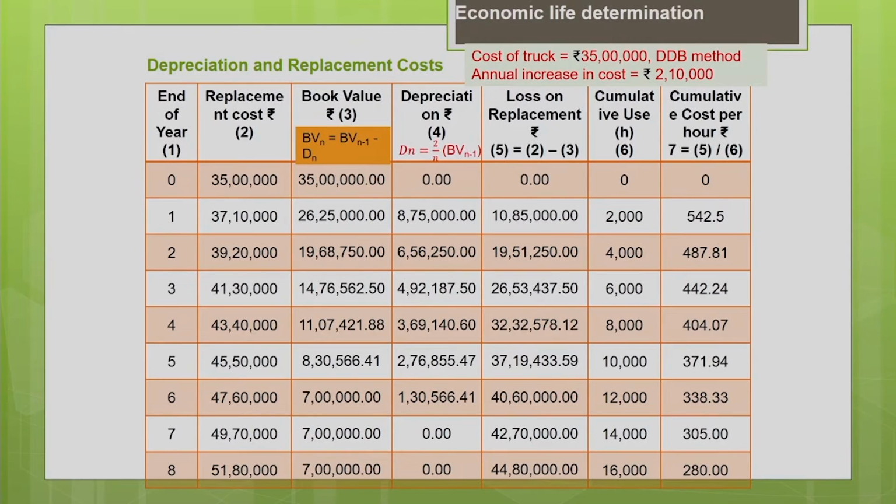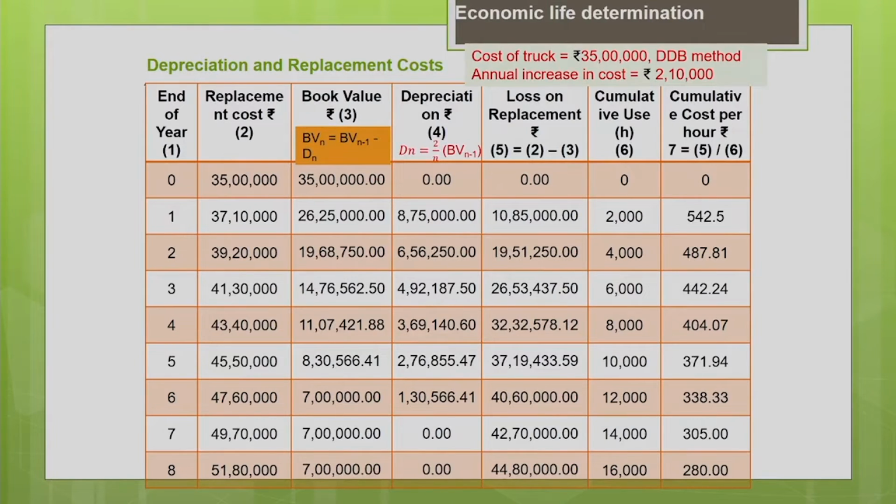Okay, so now let us work out the cost associated with the machine from the replacement analysis perspective. As I told you, we are supposed to consider all the components of the cost associated with the machine, so that you can have an accurate estimation of the optimum replacement time. First we are going to estimate the depreciation and the replacement cost associated with this machine.